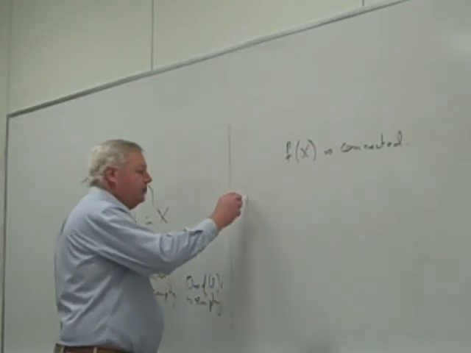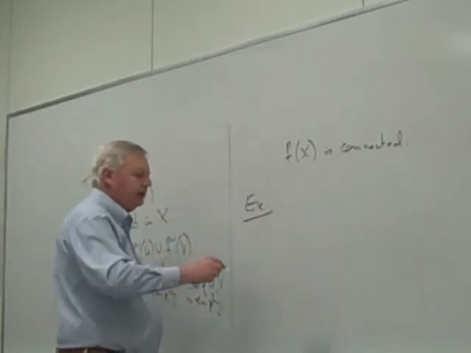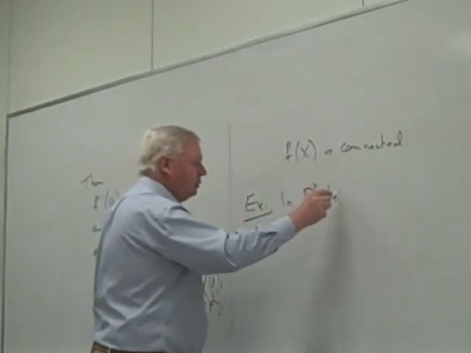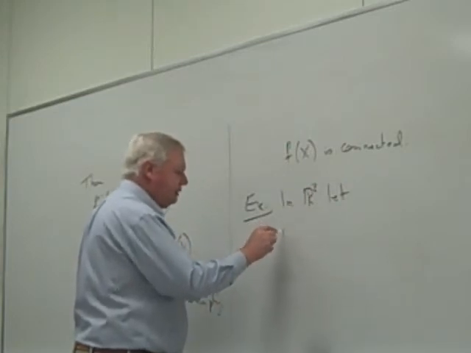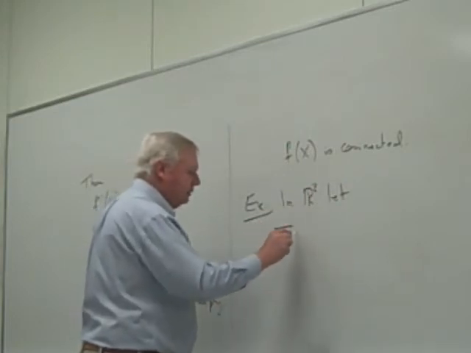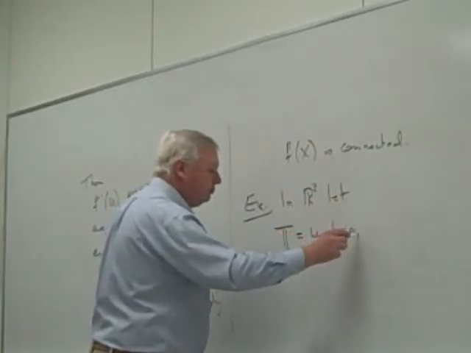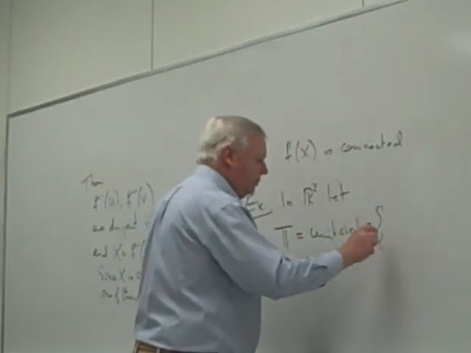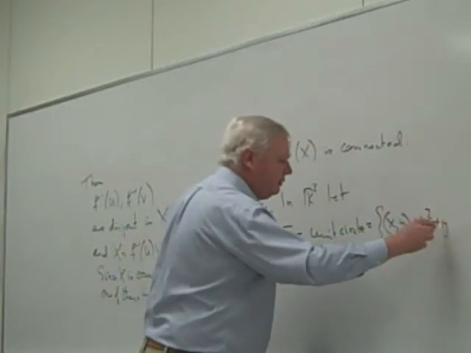So let's look at an example. In R2, let T be equal to the unit circle. So points where x squared plus y squared is equal to 1.